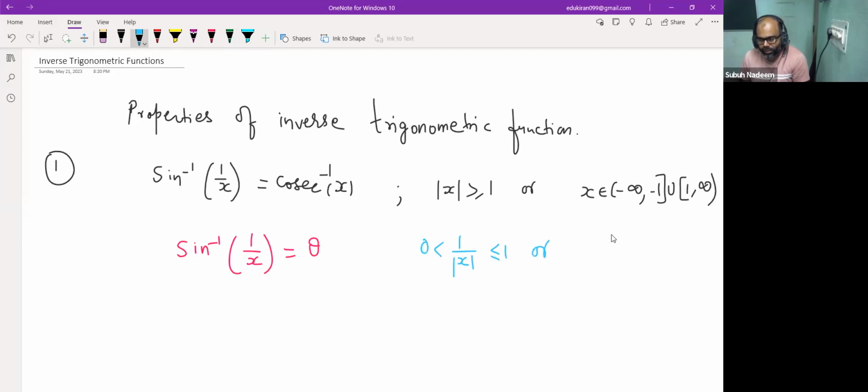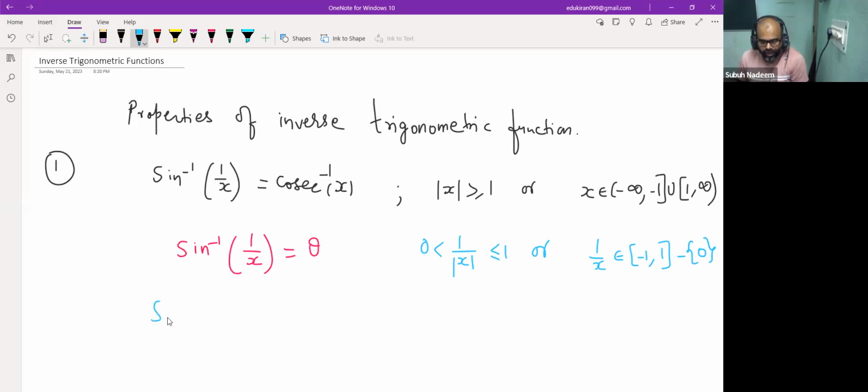So we can say that 1 by x belongs to minus 1 comma 1 except 0. 0 we can't take because x is in the denominator. So we can take its angle.